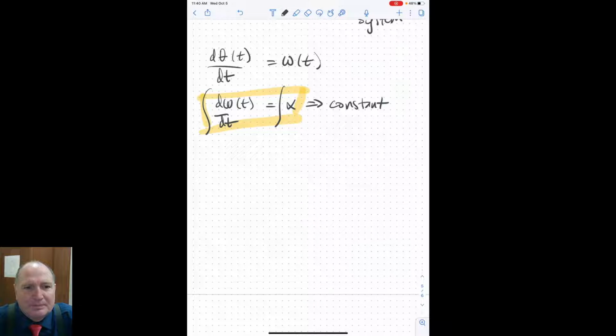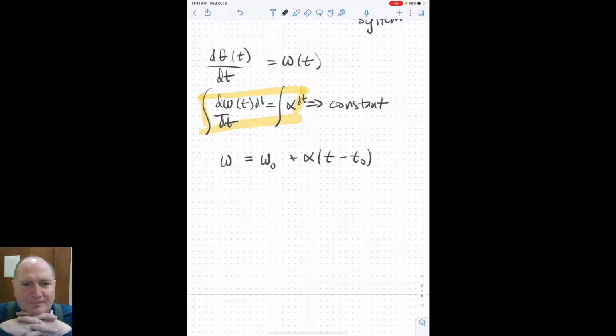We're going to find that omega is omega naught plus alpha times t minus t naught. Nice. Right? Because our alpha is a constant, so the integration of that is just alpha times t.